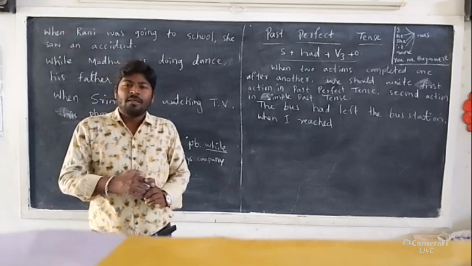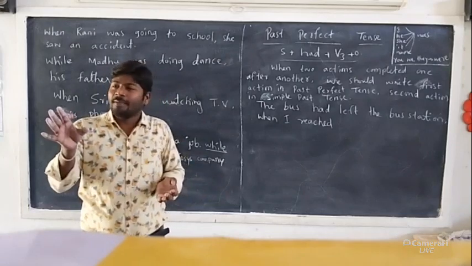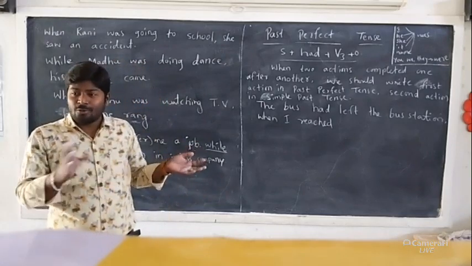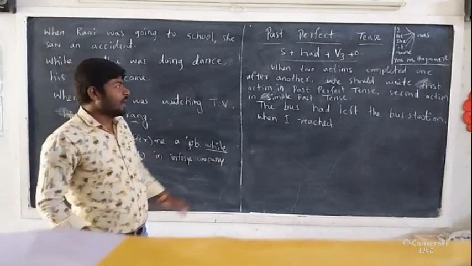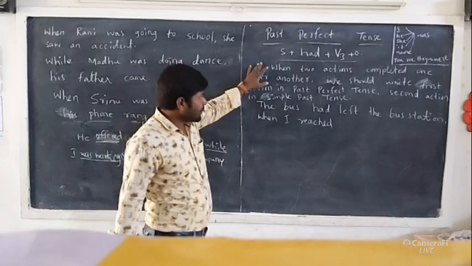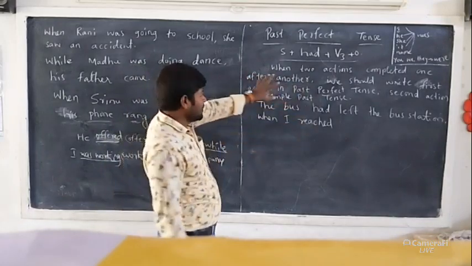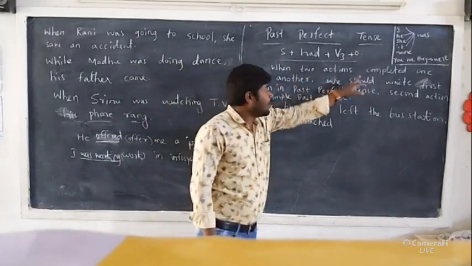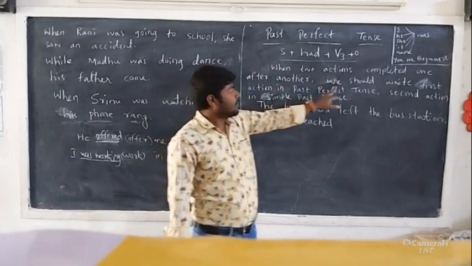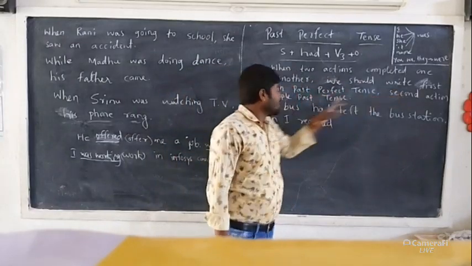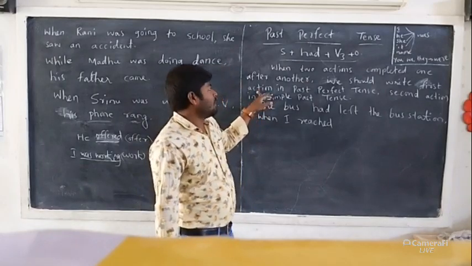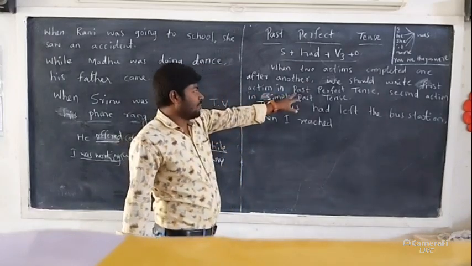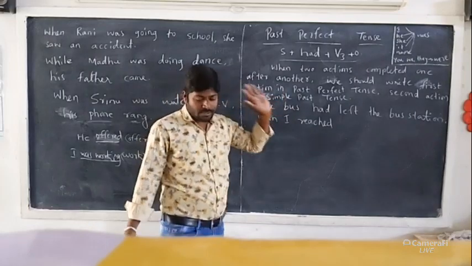Then ask your teacher to prepare an easy definition. In the same way, when two actions are completed one after another, we write the first action or first event in past perfect tense, the second in simple past tense.